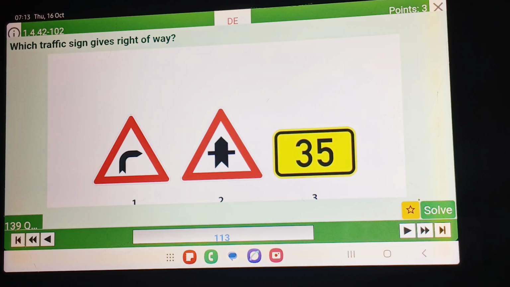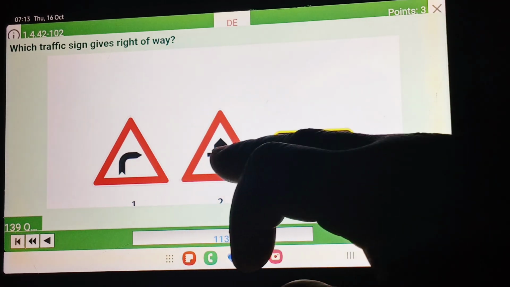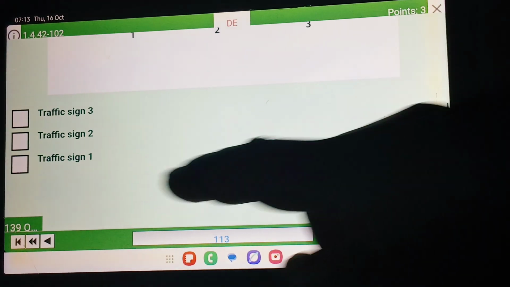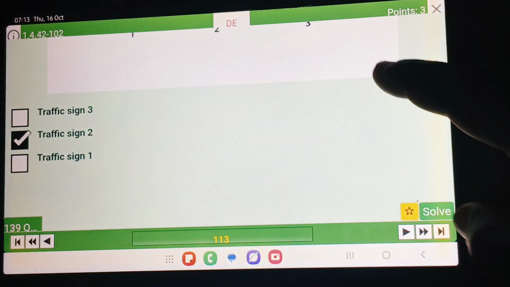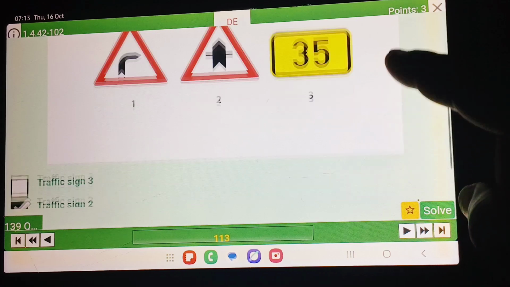Which traffic sign gives right of way? Number 2 gives you right of way only at the next junction. This gives you right of way.